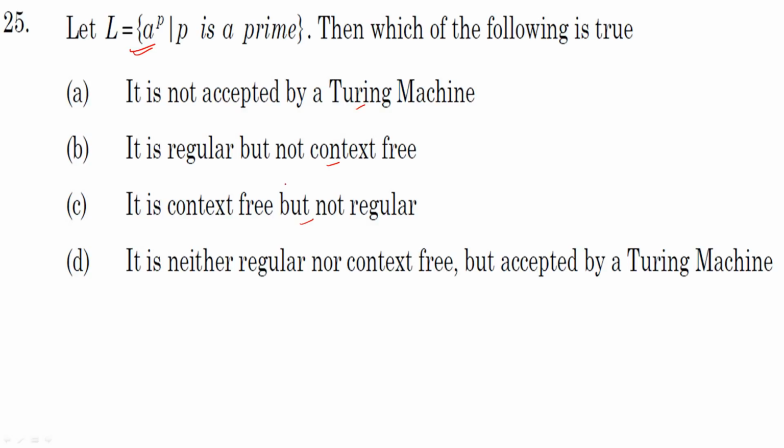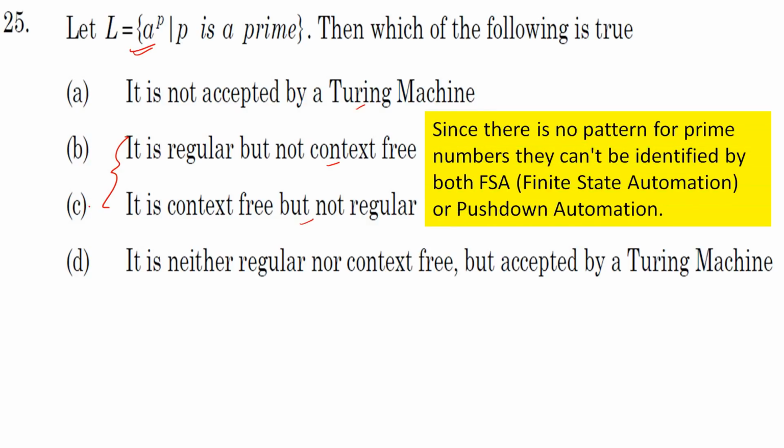Okay, so let's talk about these two, that is context free and regular. Let's check whether they are true or not. For any language to be regular or context free, it has to have some pattern. Suppose we have an even number of A's. We have 2 A's, 4 A's, 6 A's. So there must be a pattern, that is, these 2 A's are repeated 2 times here, these 2 A's are repeated 3 times here.